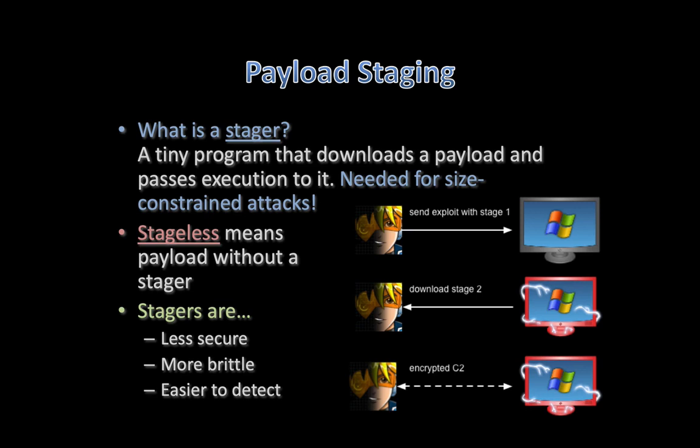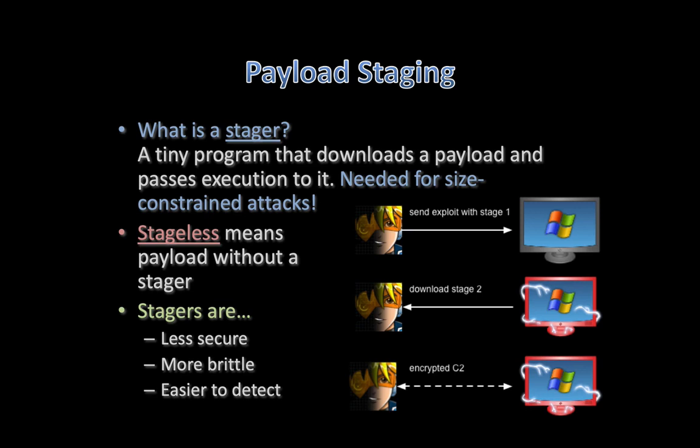One topic I do want to cover right away is the topic of payload staging. Periodically throughout this course, you will hear me refer to stagers and stageless payloads. A stager is a tiny program that downloads a payload and passes execution to it. Stagers are necessary in some attacks because the attack might have very limited space for payload content.